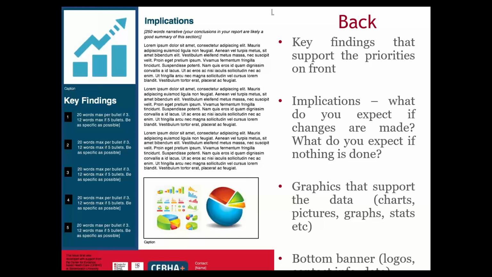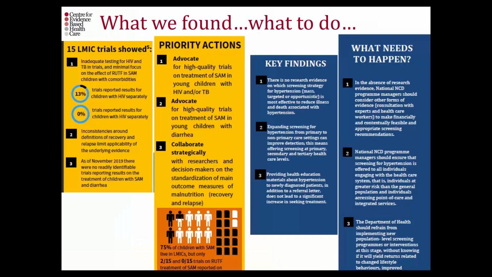And here are some examples of previous issue briefs, and I'm only showing you the part on the back, that's the results and how it matches with the priority actions on the front. It's really important that the priority actions are action verbs like advocate, collaborate, prioritize, implement.